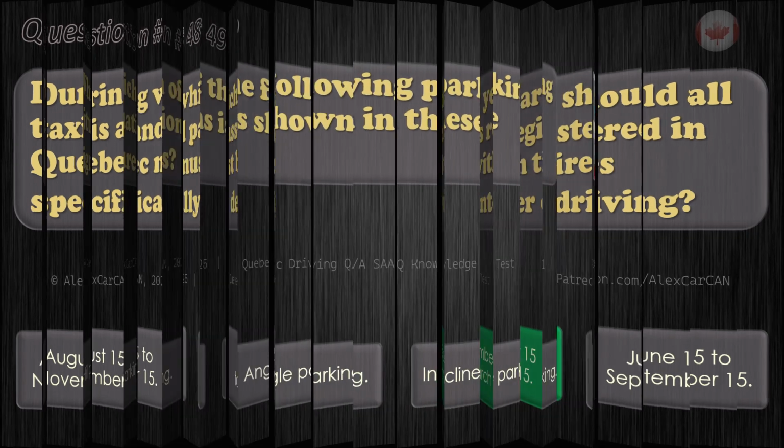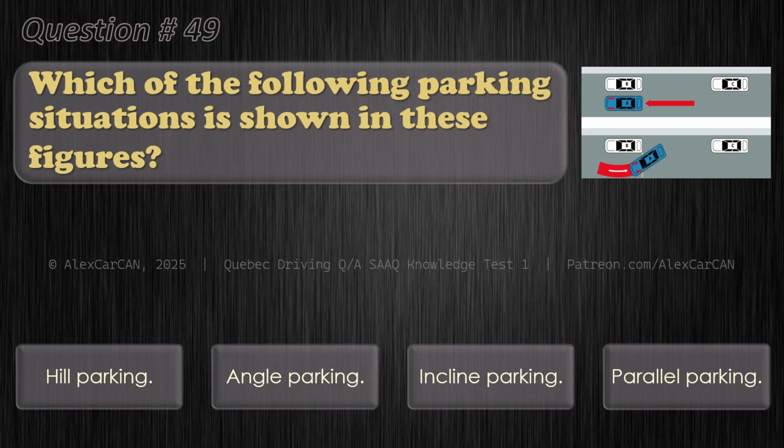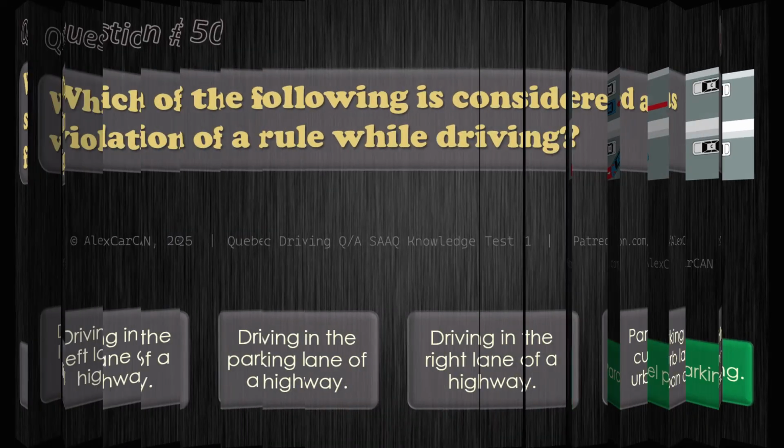Question number 49. Which of the following parking situations is shown in these figures? Hill parking, angle parking, incline parking, parallel parking. The correct answer is parallel parking. Question number 50.